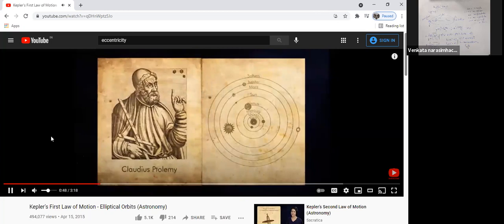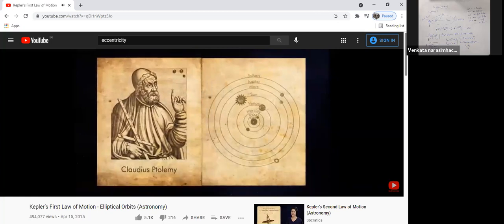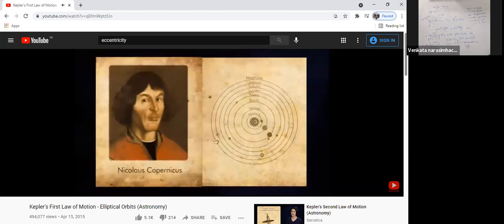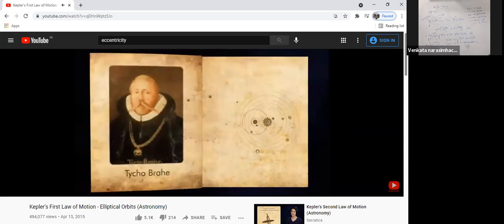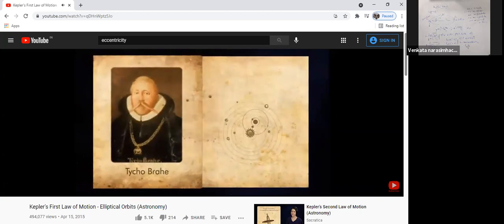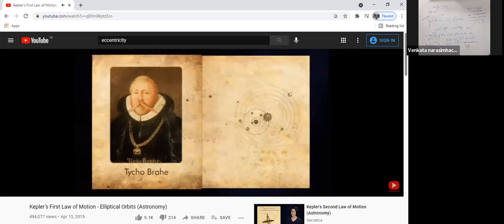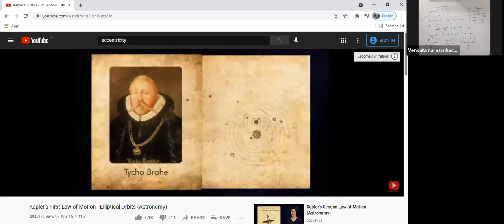First, the Ptolemaic system put the Earth at the center, with the Sun and planets orbiting it in perfect circles. There was also Copernicus's heliocentric model, which set the Earth among the planets revolving around the Sun. And finally, Tycho had his own system to propose, which combined aspects of both. He put the Earth at the center with the Sun and Moon orbiting it, but let the other planets orbit the Sun.